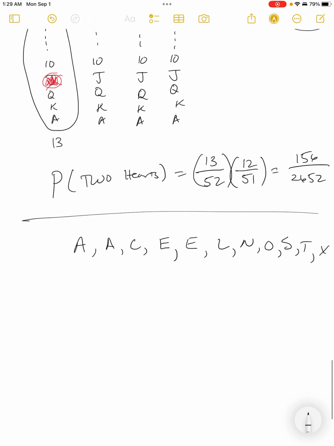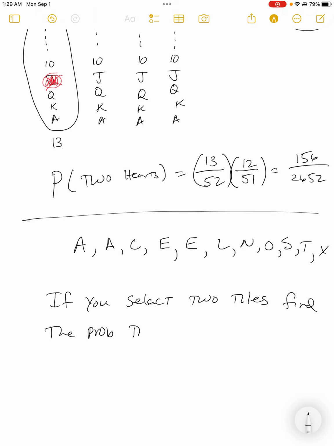And so it's not the exact same set that you'll do in the homework, but it's very similar. So we can do the process. So they'll say if you select 2 tiles, these are Scrabble tiles, find the probability that, and just looking at what they're asking, they are both consonants.